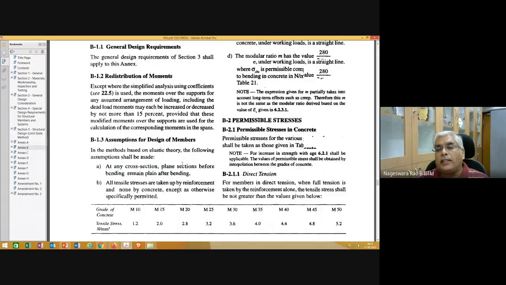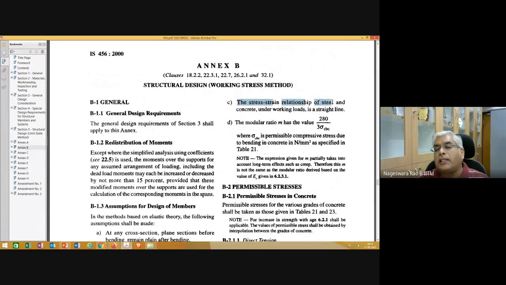The third one is that the stress-strain relationship of steel and concrete under working loads is a straight line. We noted the stress-strain curves for concrete and for steel, and in the working stress method we are making use of only the portion of the stress-strain curve which is linear.